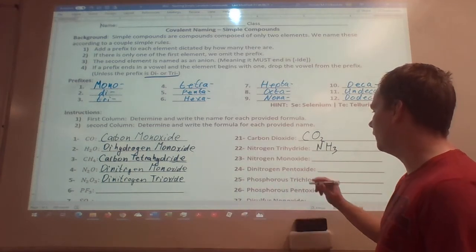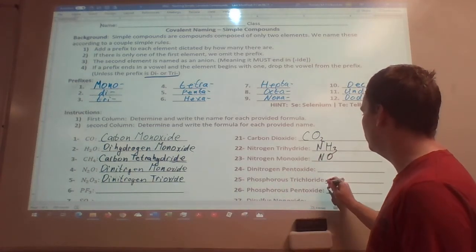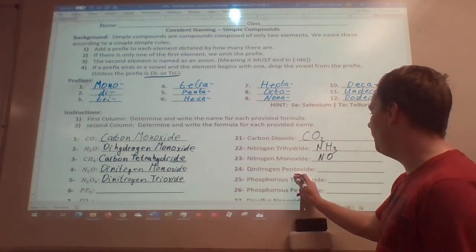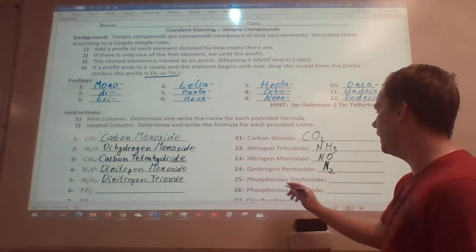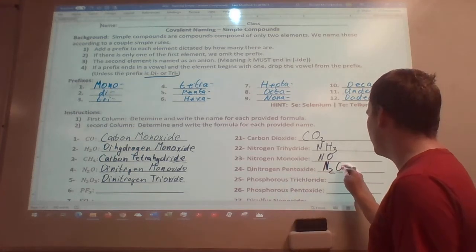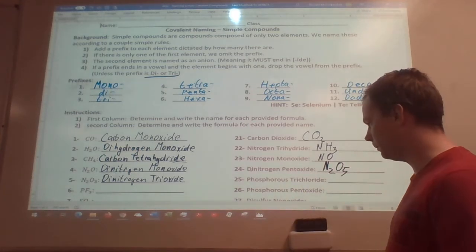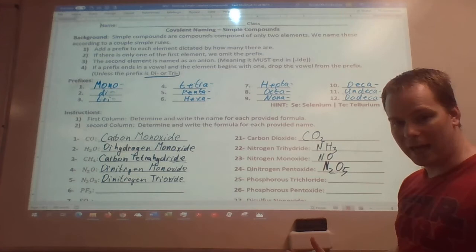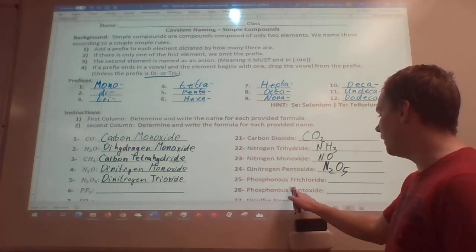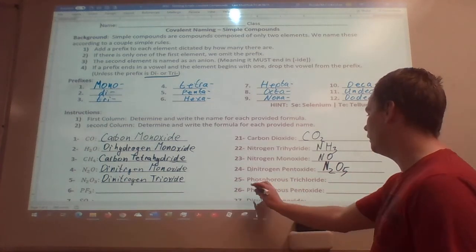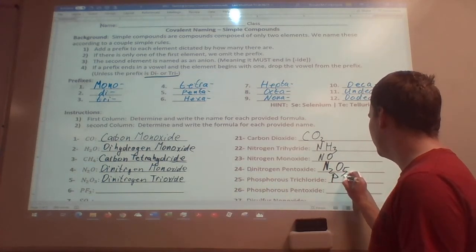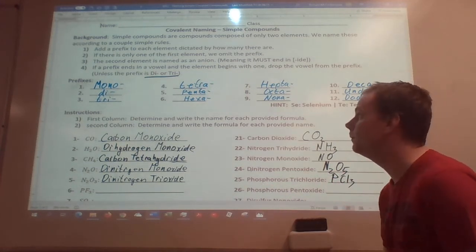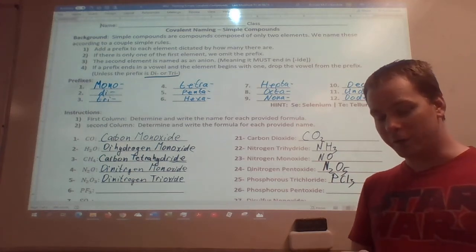Nitrogen monoxide, so NO. Dinitrogen pentoxide, so N2 is di, and pentoxide would be O5. And the last one would be phosphorus trichloride, so again, just 1 P, trichloride Cl3. That's really all there is to covalent naming.